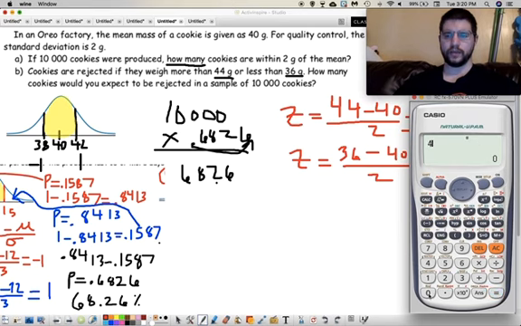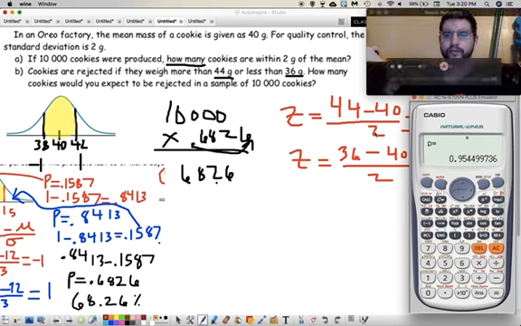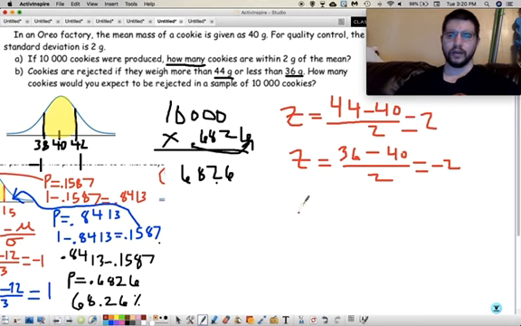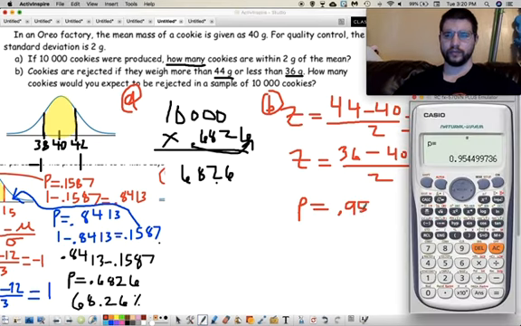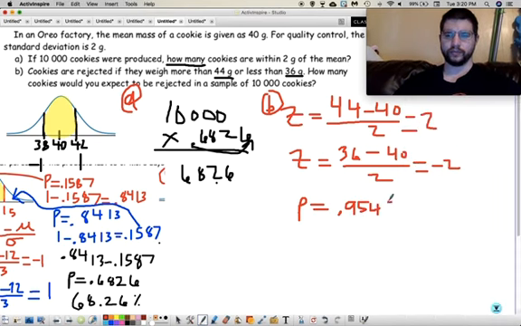Mean of 40. 95.45. So the probability for part B, this is part A, part B, is 0.9545.